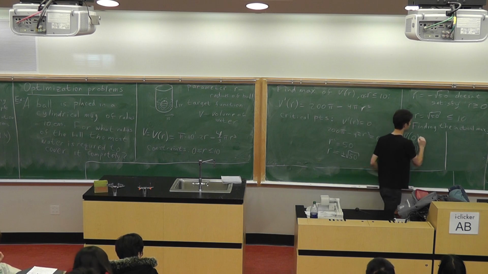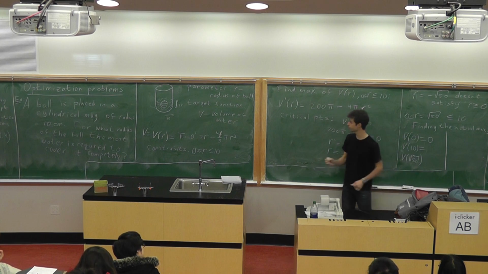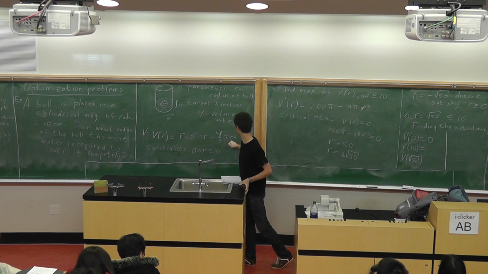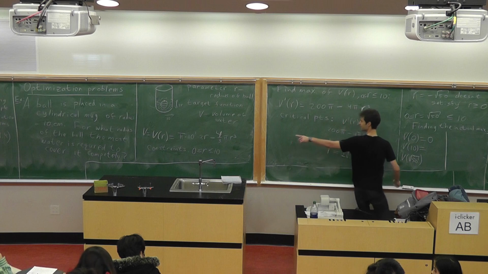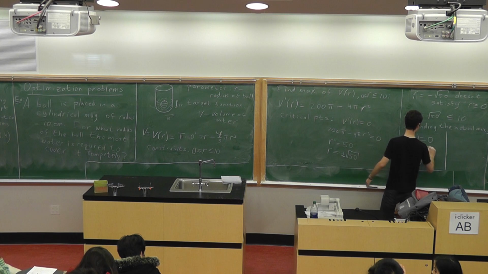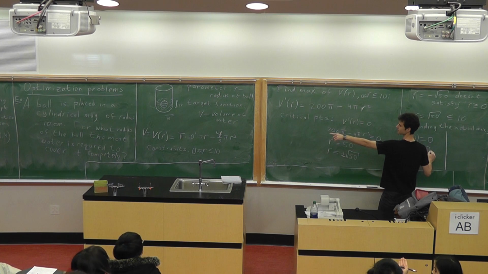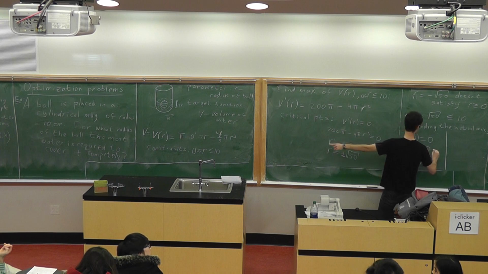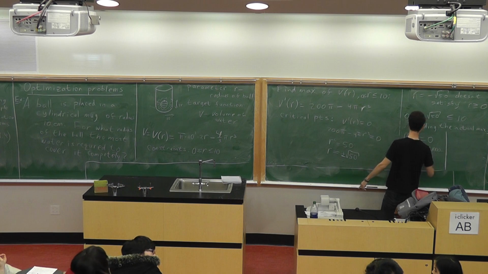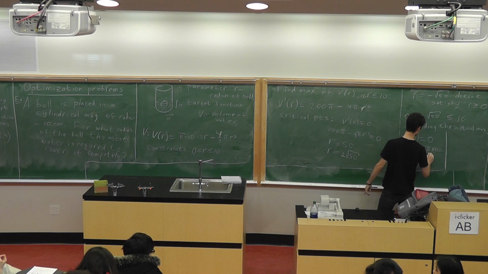So V of 0 happens to be 0, V of 10 is complicated. So 5 times 1000 minus 4/3 times 1000.